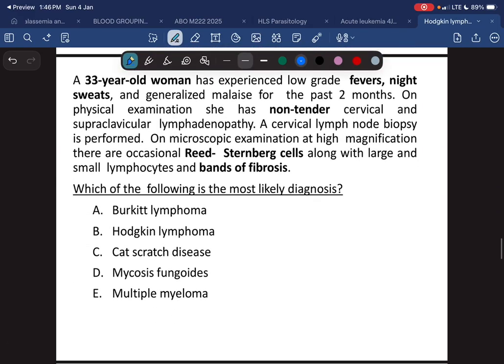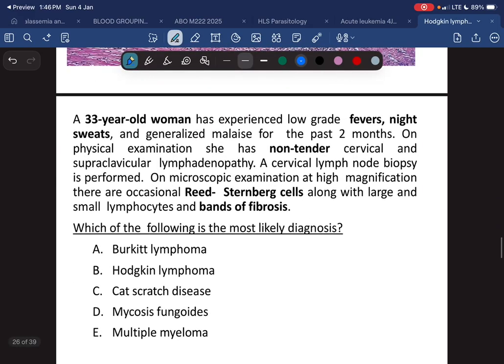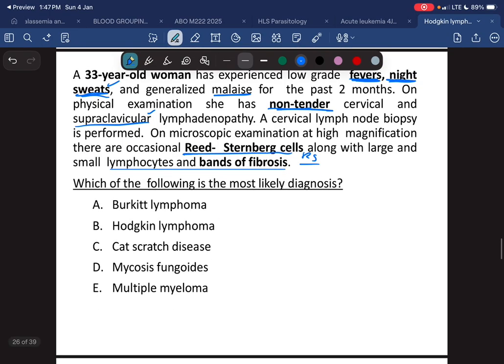We have a patient, a 33-year-old female, presented with fever, night sweats, and generalized malaise. The patient presented with non-tender, painless cervical and supraclavicular lymphadenopathy. A cervical lymph node biopsy was performed and showed RS cells, which we talked about, with small lymphocytes and bands of fibrosis in the lymph nodes.